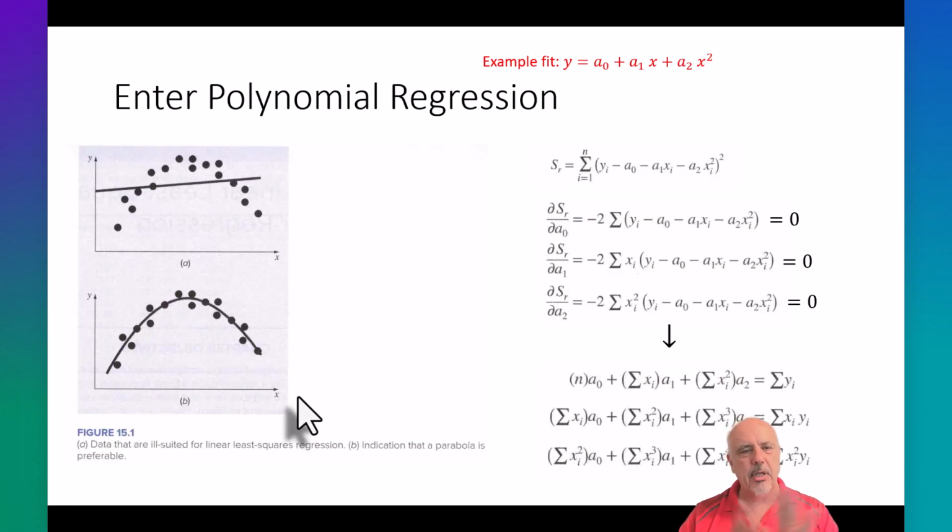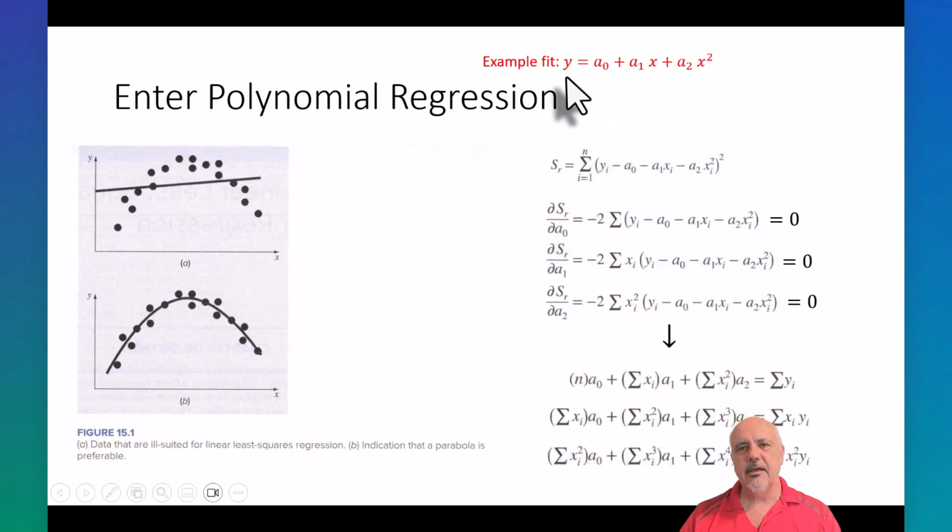Okay, so for polynomial regression, I'm going to try to get you thinking in terms of an example where we're looking to fit a0 plus a1 times x plus a2 times x squared. So we're adding a term, a2 x squared. So we're going to make it a polynomial now. And you can tell this data is contrived because a line's not going to be a good fit, yet that parabola would be a nice fit there.